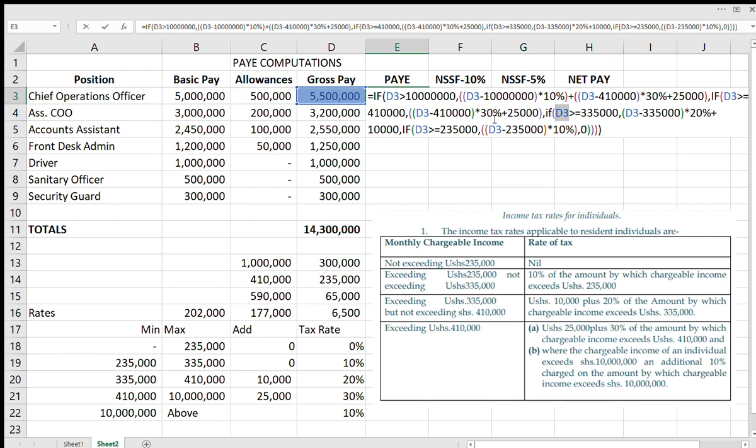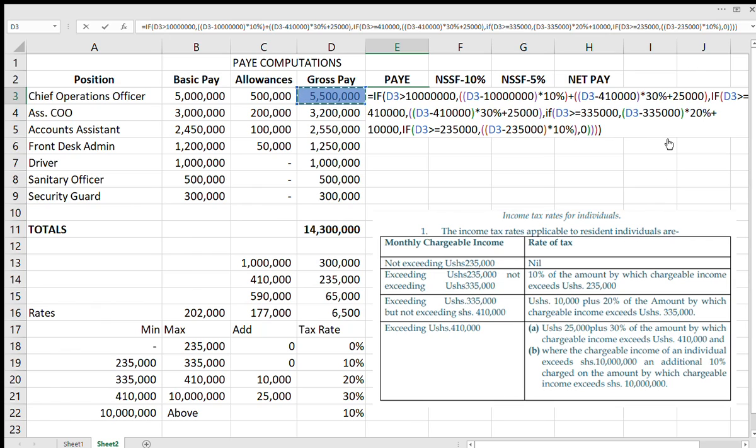Okay, so if D3 is greater than 335,000 shillings, what do we do? What should the computer do to calculate? The computer should get that amount, the D3, and take away the amount which it is exceeding, which is 335,000.